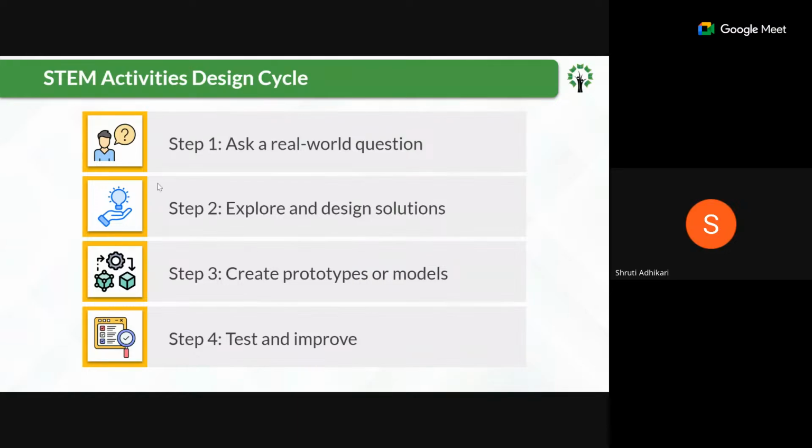And after the planning part, they can create the prototypes. A prototype is just a basic model before creating the final one. So they can create the prototype, ask feedback from their peers and their teachers on how they can improve the model, and then apply those improvements to their prototype, and they can finally get the final model.